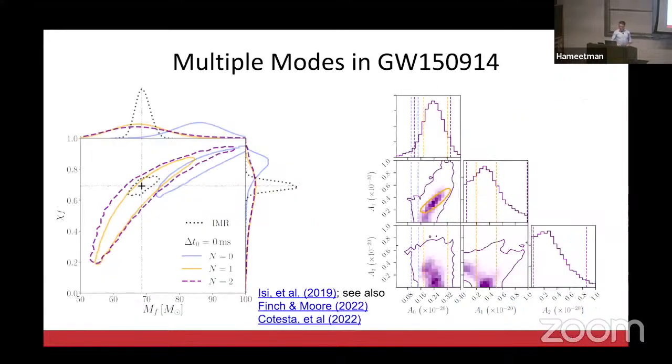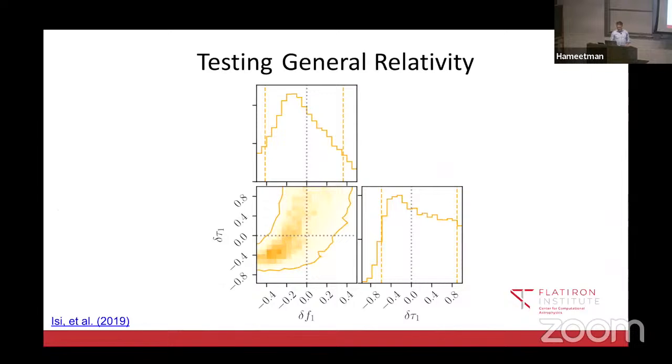And when you do that, you can ask, is the overtone in the right place to be consistent with a Kerr spectrum? Right? I measure the fundamental frequency and damping time. That tells me the mass and spin of the black hole. I predict where the overtone should be, and I ask about whether we measure it with a frequency offset or a damping time offset.